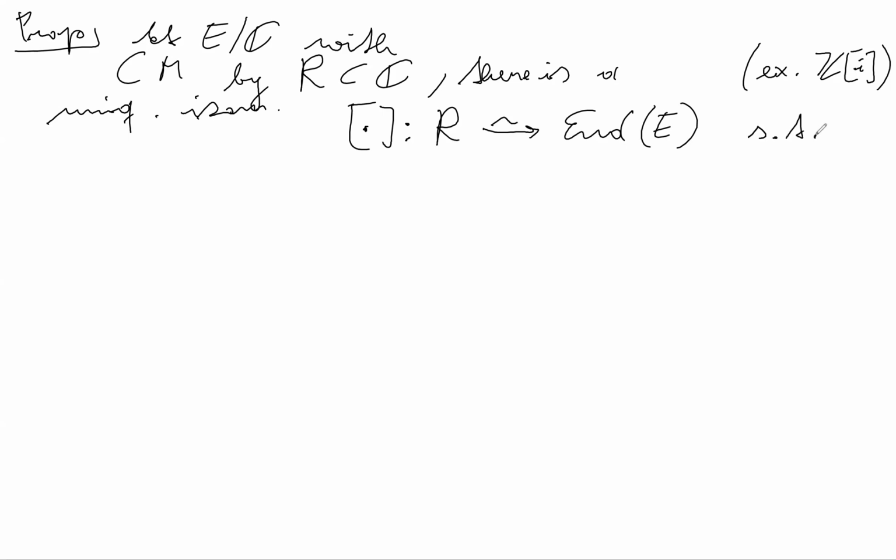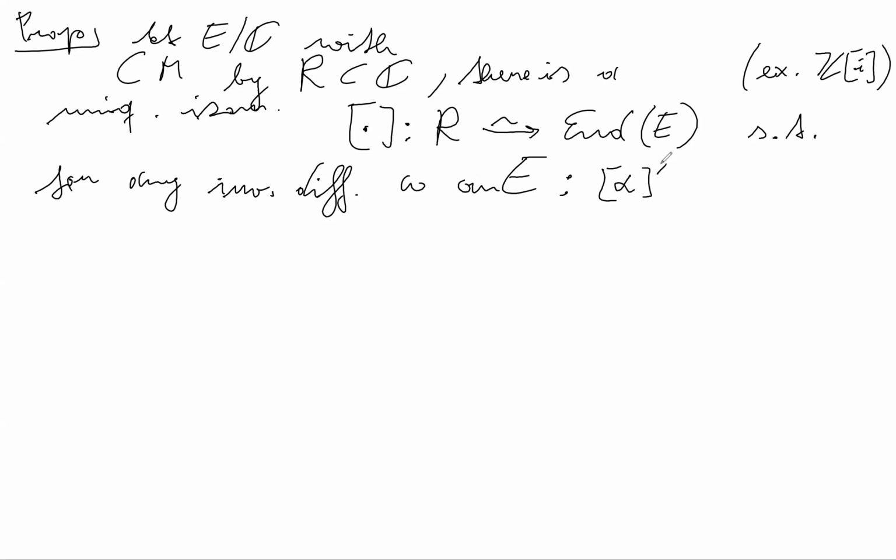And how does this work? This works for any invariant differential. We haven't really talked about the theory of invariant differentials much, but that's fine. There exists this object attached to a curve, which we call an invariant differential. The idea is that I can choose my isomorphism in a certain way.